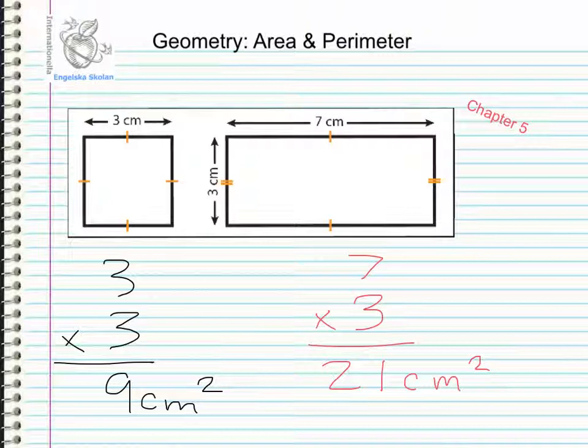If we think about that a little bit more, we could mark inside this first shape that we have 1, 2, 3, 4, 5, 6, 7, 8, 9 square centimetres inside it. And this shape, we would have 21 square centimetres inside it.